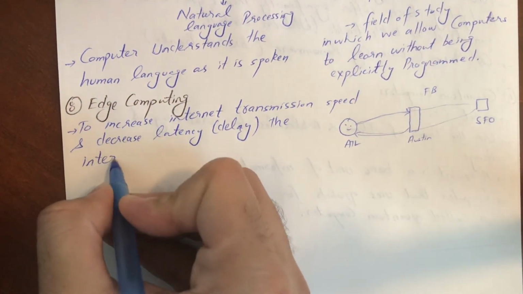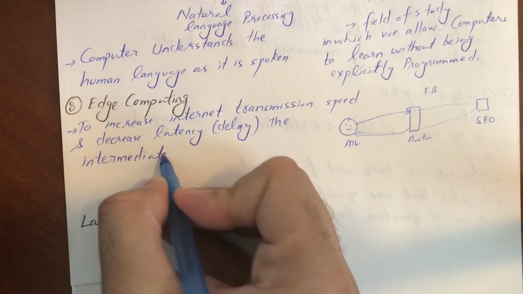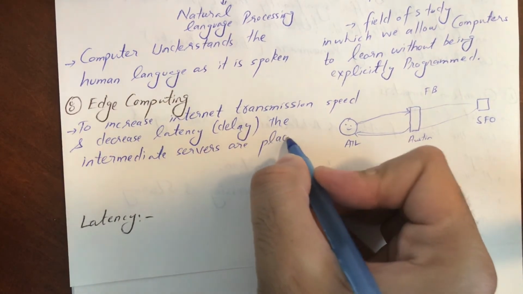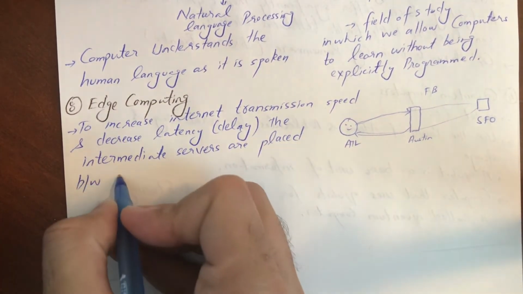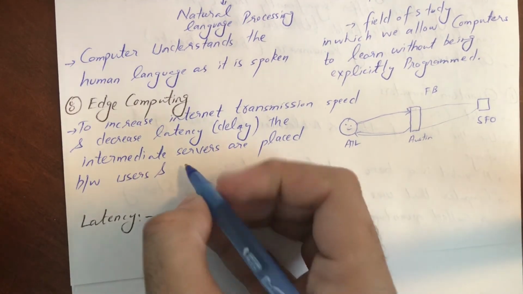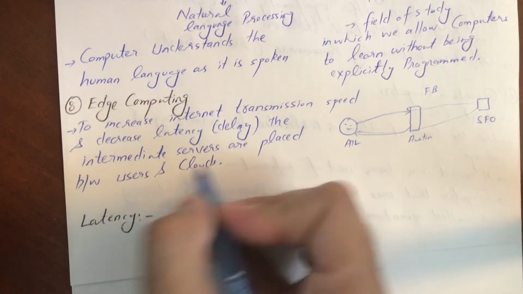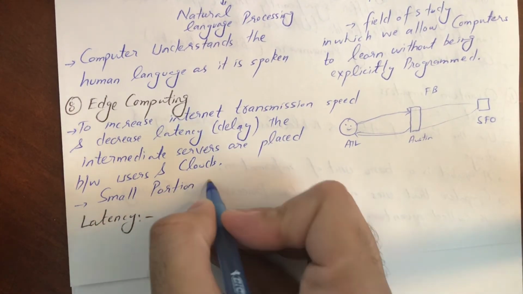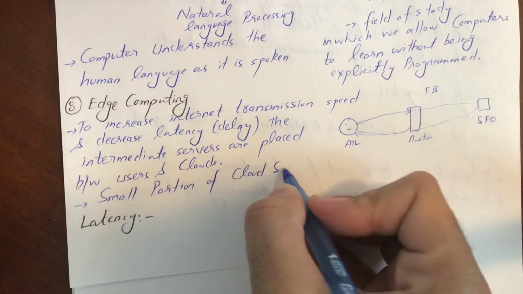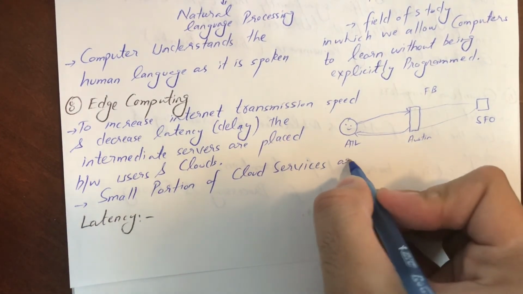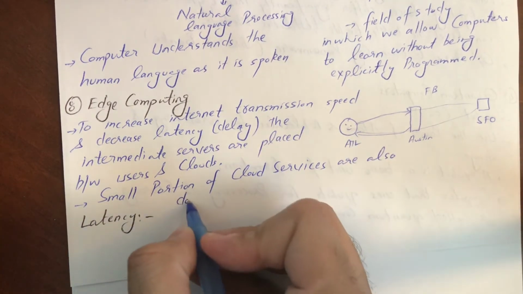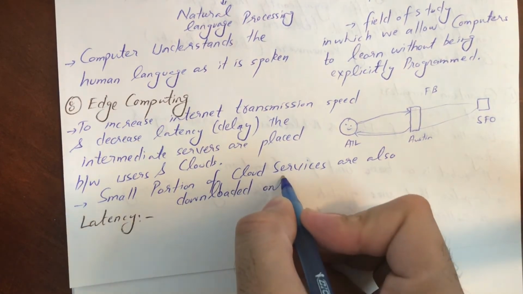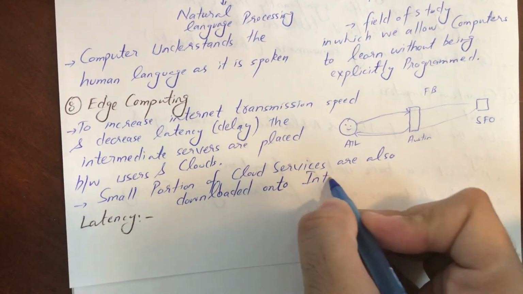Intermediate servers are placed between users and cloud, and a small portion of cloud services are also downloaded onto the intermediate servers.